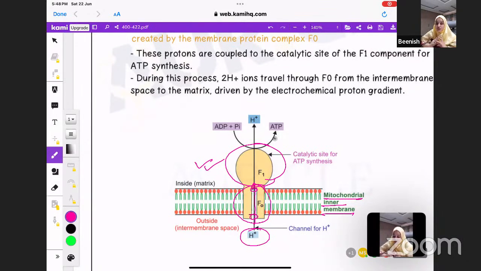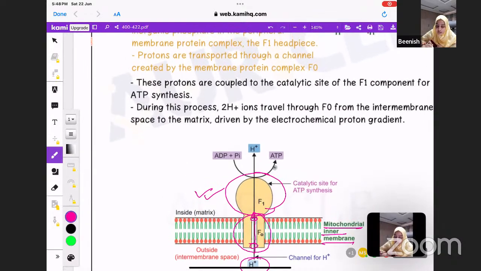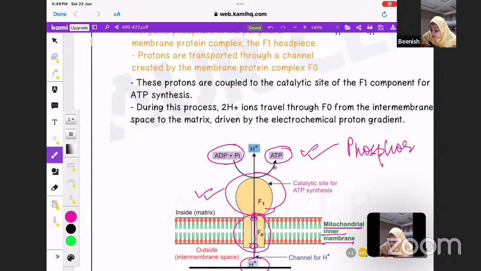Because of this rotation of the gamma subunit, there's a conformational change in the beta subunit, and because of this the 3 beta subunits convert ADP into ATP. So you see how phosphorylation or ATP generation has taken place.